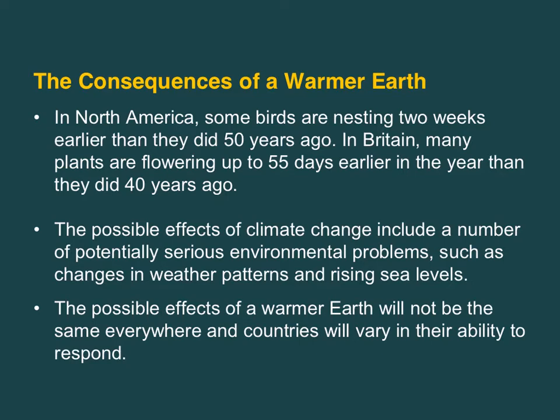Now, some other evidence of this warmer Earth. Here in North America, we see some birds nesting about 2 weeks earlier than they did 50 years ago. If we look across the Atlantic Ocean to Europe and Britain, we see plants flowering 55 days earlier, a month or so, maybe even a month and a half earlier than they did 40, 50 years ago.